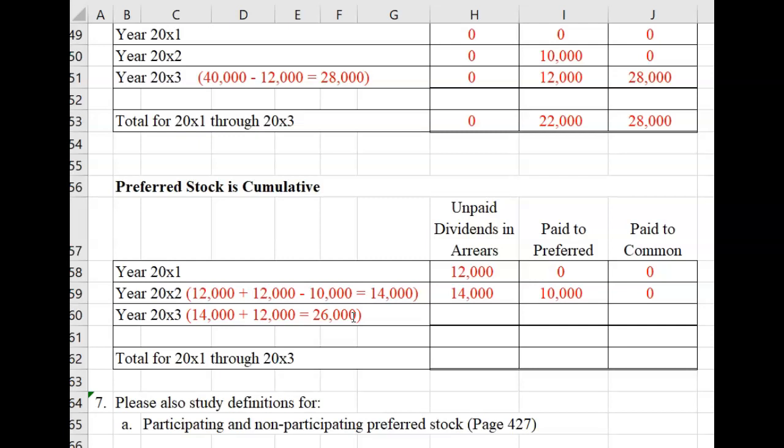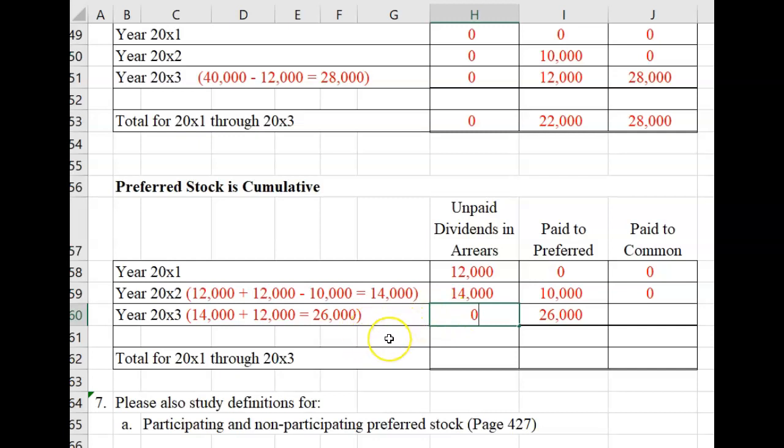So we have paid enough to totally satisfy our obligation to our preferred shareholders. So we're going to give them $26,000. And when we do, we've totally paid them off. We paid them the $14,000 still due at the end of year 2 plus the $12,000 due for year 3. So our dividends in arrears to our preferred shareholders is 0 at the end of year 3.